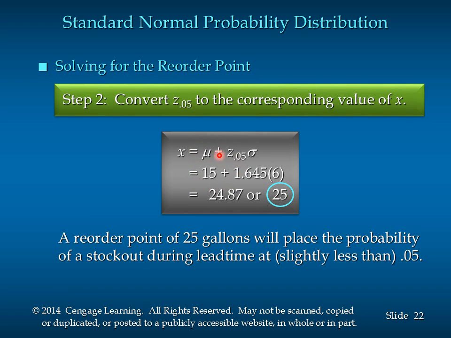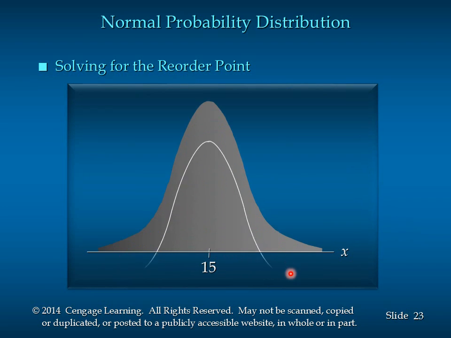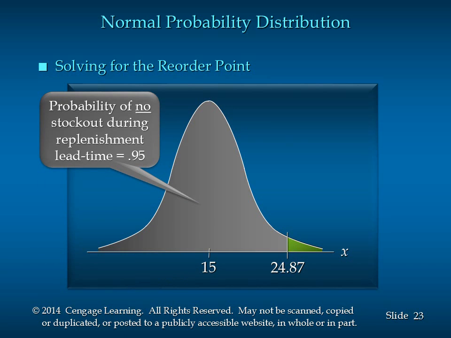You just reconfigure that formula to figure out the value of x where you need to reorder, how many gallons you need to order, which in this case would be 25. You would run out of stock, in theory and hopefully in practice, 5% of the time, but 95% of the time a customer walks in the door, you got it. And you just round it up, assuming it was 24.87, to 25.